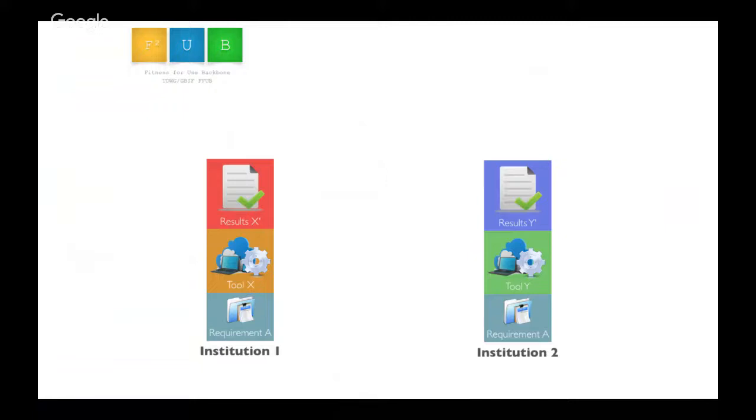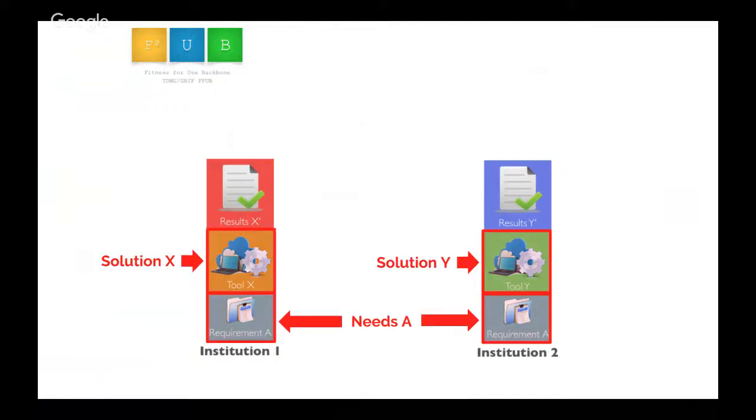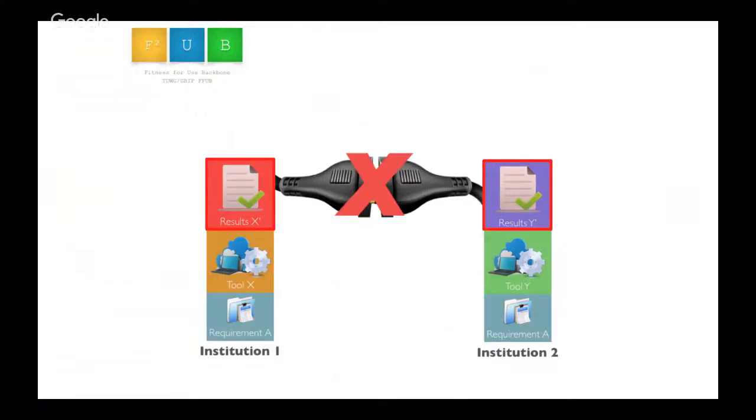I can see two problems here. First is the duplication of effort. For the same need, for the same requirements, I implemented two different tools, two different solutions. And the other problem is that maybe the results are not compatible. Okay, this is an interoperability problem.